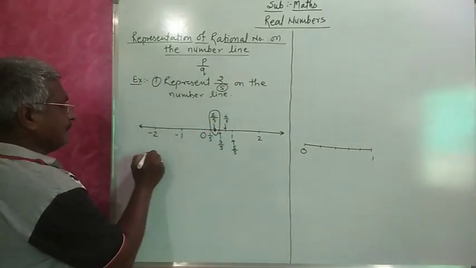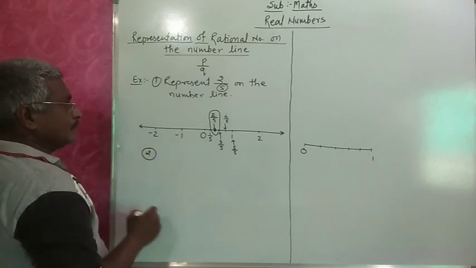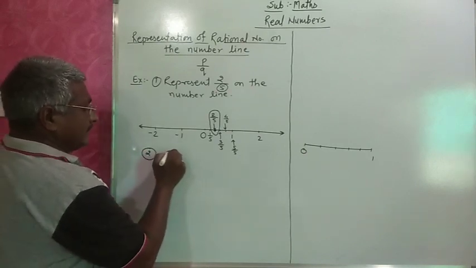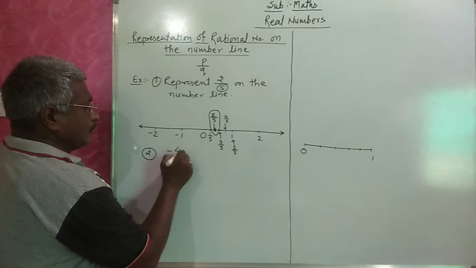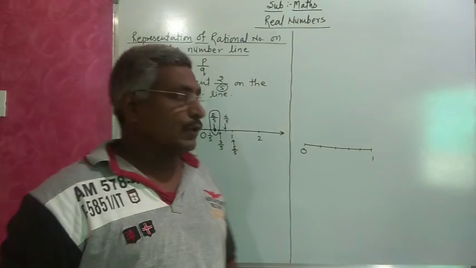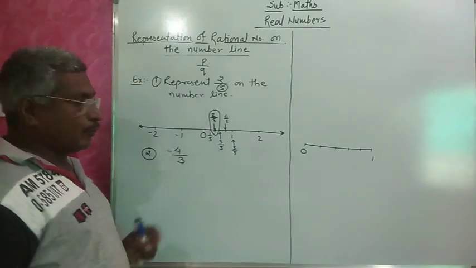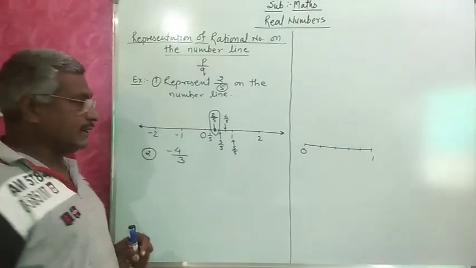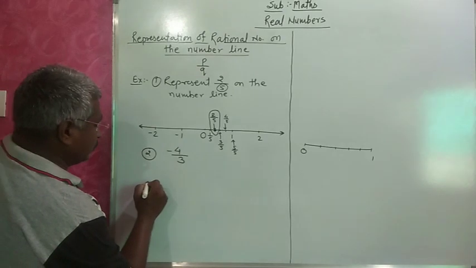Now the next example we will take: minus 4 by 3. Minus 4 by 3 has to be represented on the number line. How to represent?